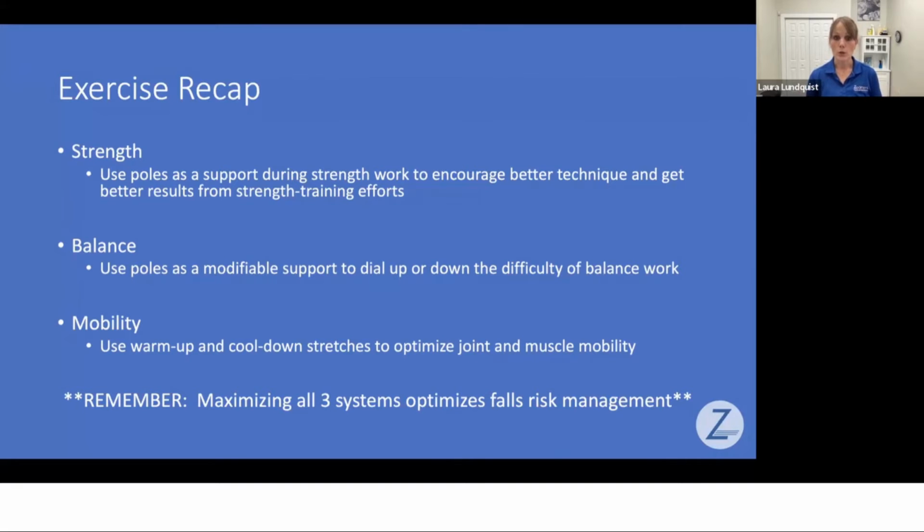And as a mobility tool, it can, again, help us to optimize joint and muscle mobility safely. And remember that when we maximize all 3 of these systems and therefore improve our walking quality, we are improving our falls risk management, which is ultimately often what our ultimate goal is.